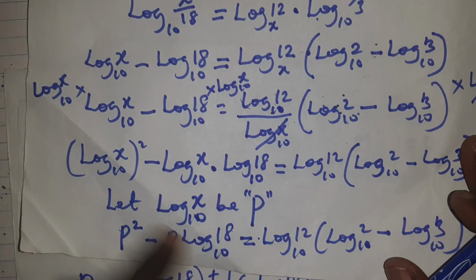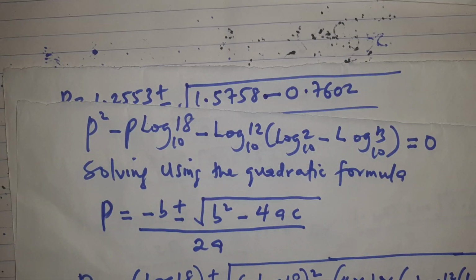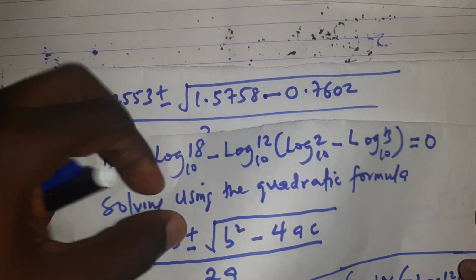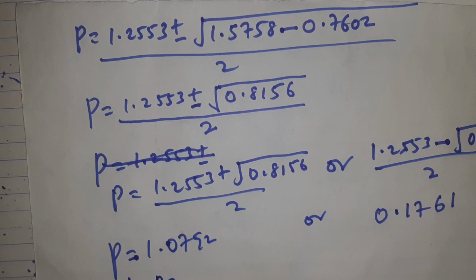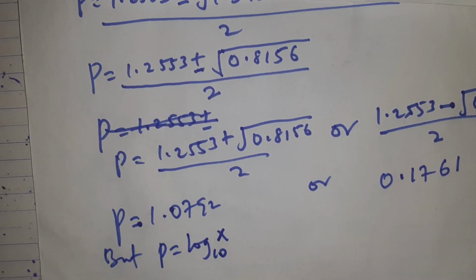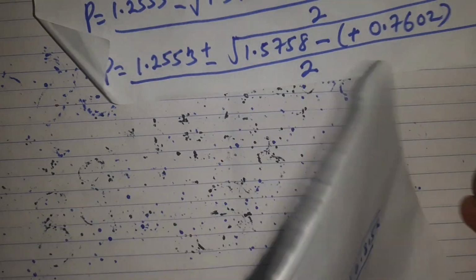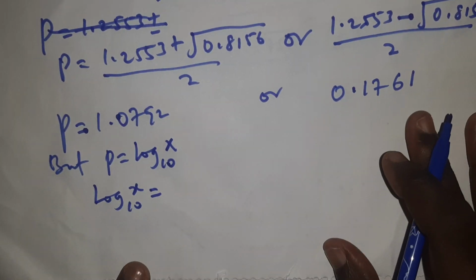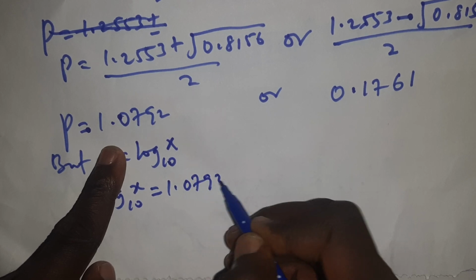But since you have gotten a value for p, we remember we made p to represent something. So we said that let p be what? Log x base 10. So we're bringing log x base 10 back to the problem. So we can now say log x base 10 equals p, which is 1.0792.